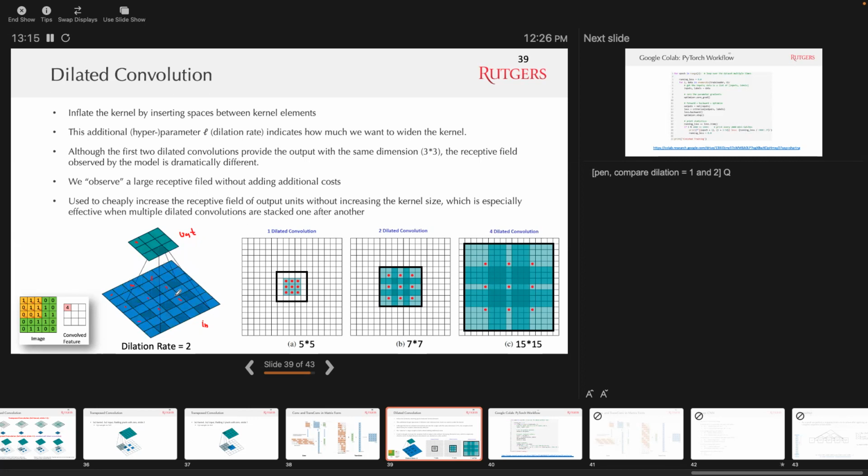But it's actually less frequently used nowadays, because these days people tend to stack more layers to get a larger receptive field instead of using dilated convolution, because you can afford larger memory. Another downside of dilated convolution is that it's particularly demanding in terms of padding.